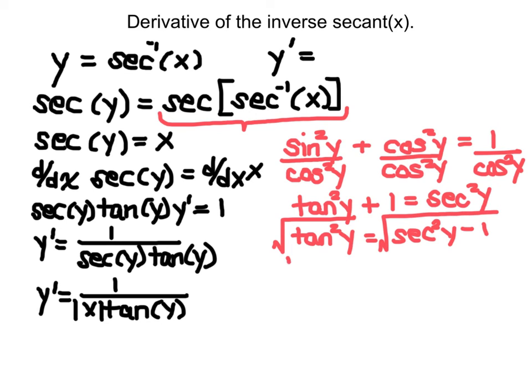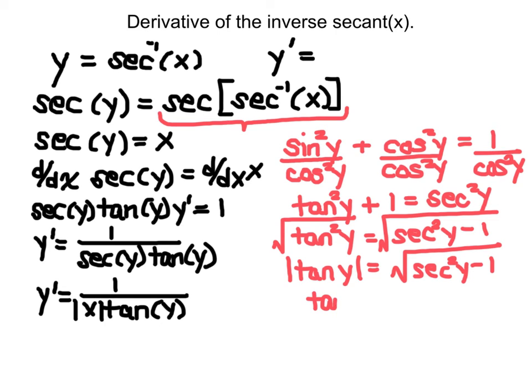And we end up with the absolute value of the tangent of y is equal to the square root of the secant squared y minus 1, which means that the tangent of y is equal to a positive or negative square root of the secant squared y minus 1.